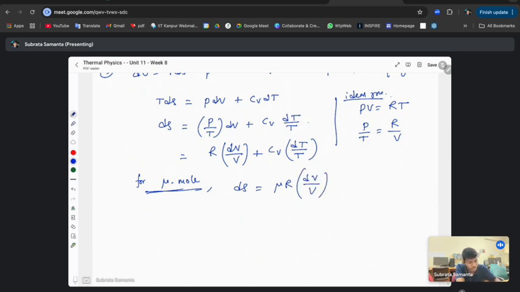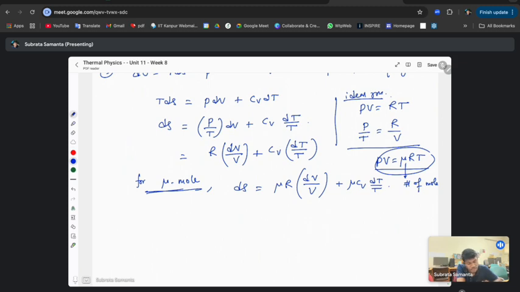For nu mole of gas, PV equals nu RT, where nu is the number of moles, plus nu Cv dT over T, right?